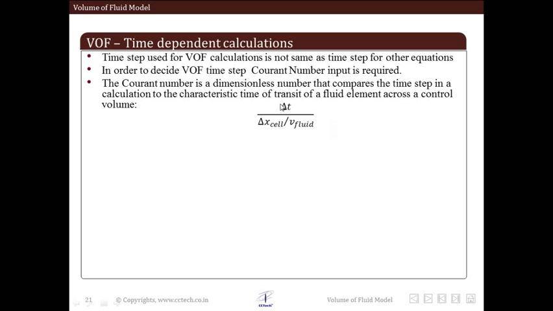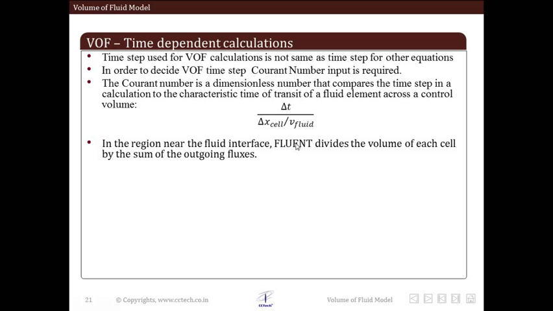It is given by this ratio where delta t is the time step, delta x is the cell size, and v is the velocity of the fluid through that cell. So this comes out to be a dimensionless number. In the region near the fluid interface, Fluent internally divides the volume of each cell by the sum of the outgoing fluxes.